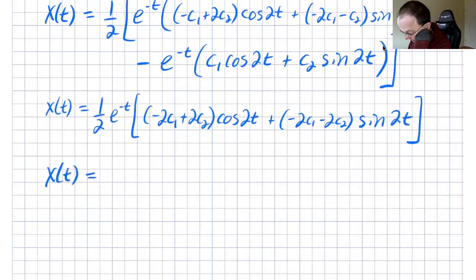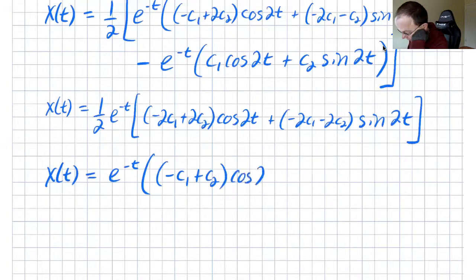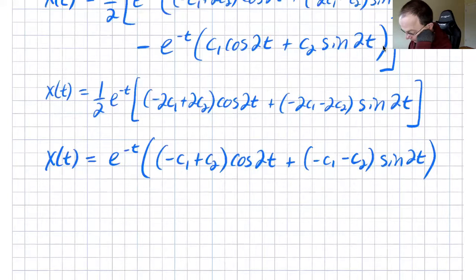So I get e to the negative t times negative C1 plus C2 cosine 2t plus negative C1 minus C2 sine 2t. Okay, and there's the final answer.